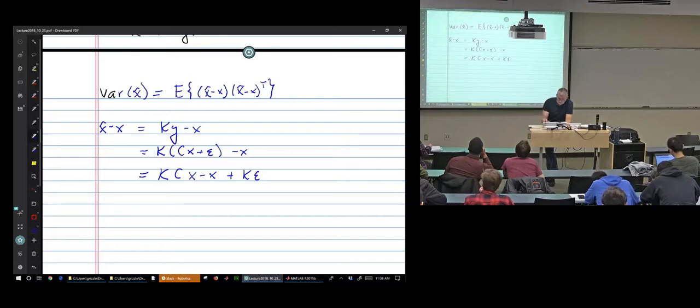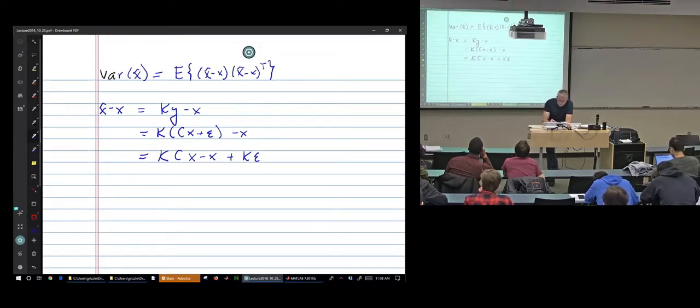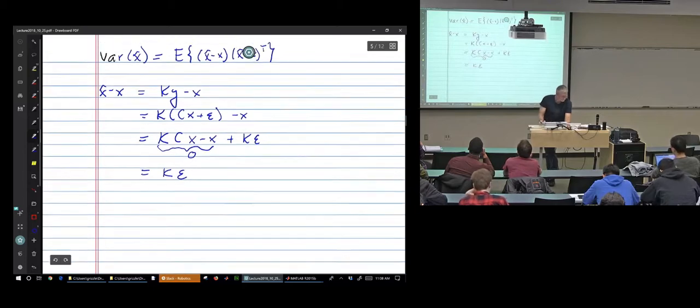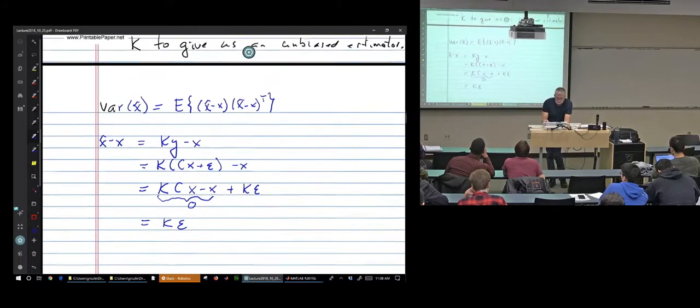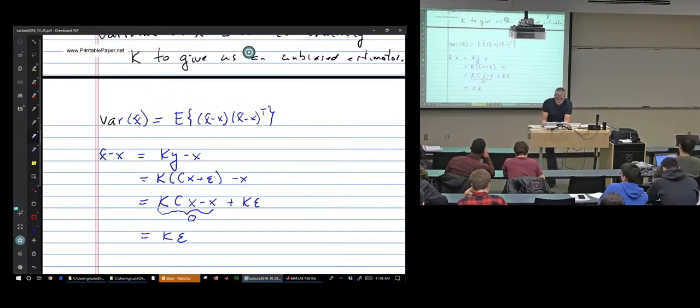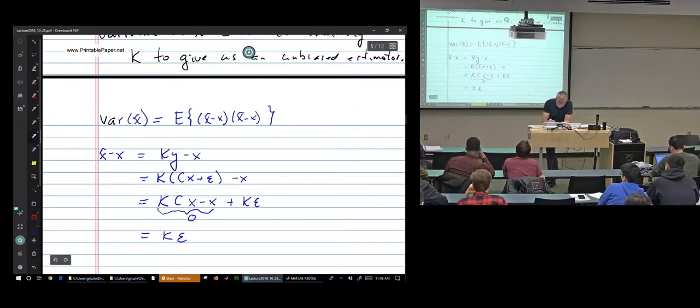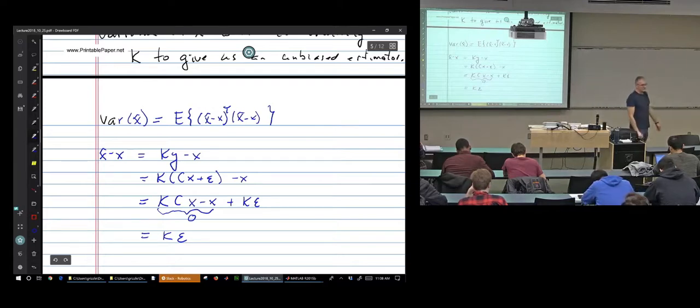Because K is constrained to be unbiased, this adds up to 0. So this is just K times epsilon. Rewrite the variance, because earlier we wrote it as X hat minus X transpose times that, and so this would be the covariance.